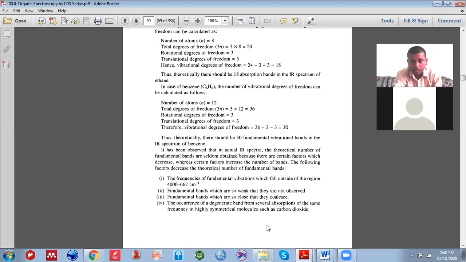Occurrence of a degenerate band from several absorptions of the same frequency in a highly symmetrical molecule such as carbon dioxide.